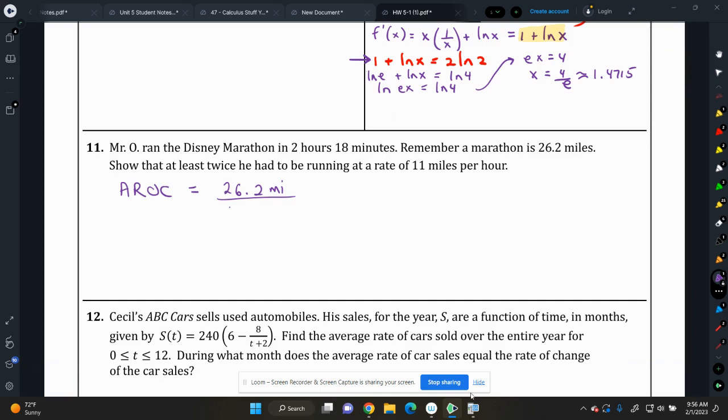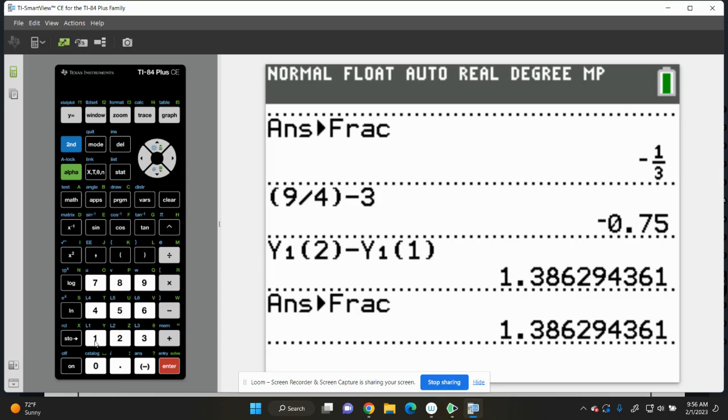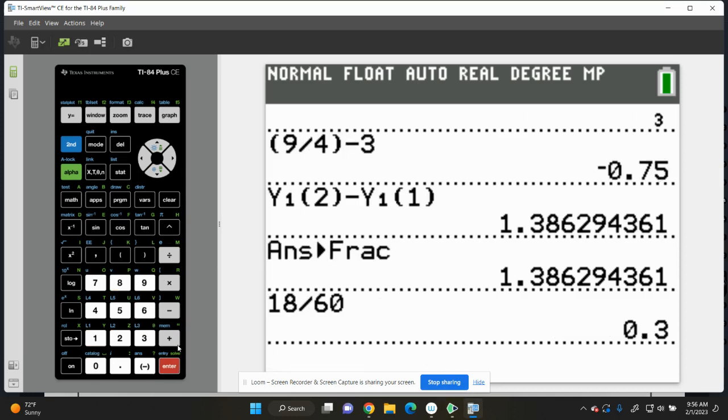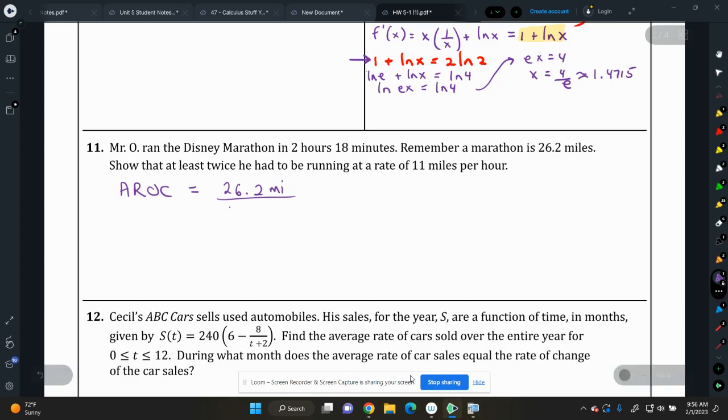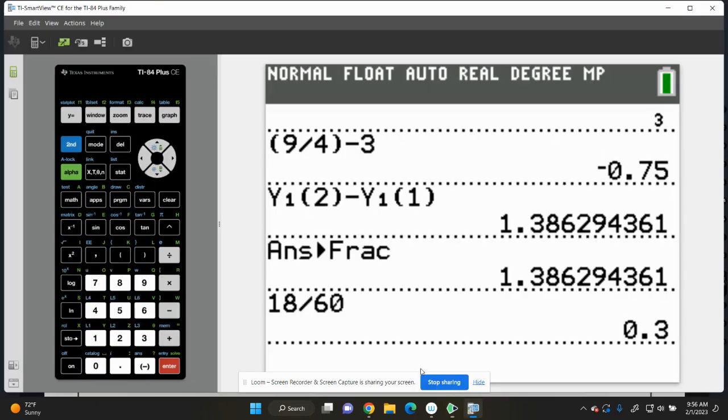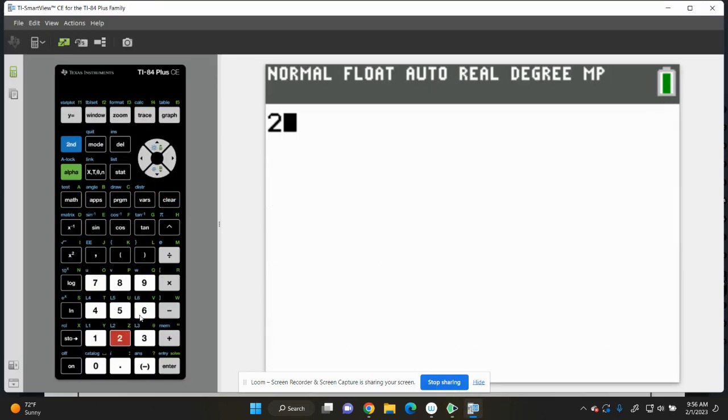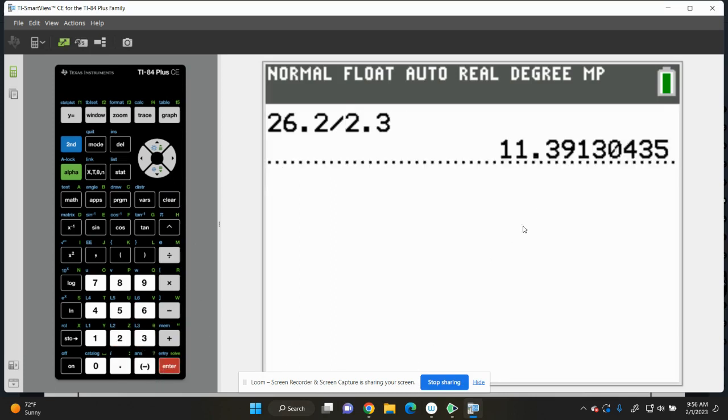That's not going to be a nice number, is it? 18 divided by 60 is 0.3, so 2.3 hours. 26.2 divided by 2.3 is 11.391.